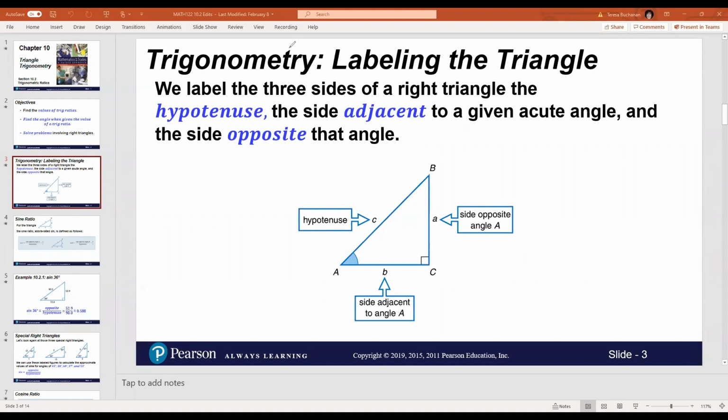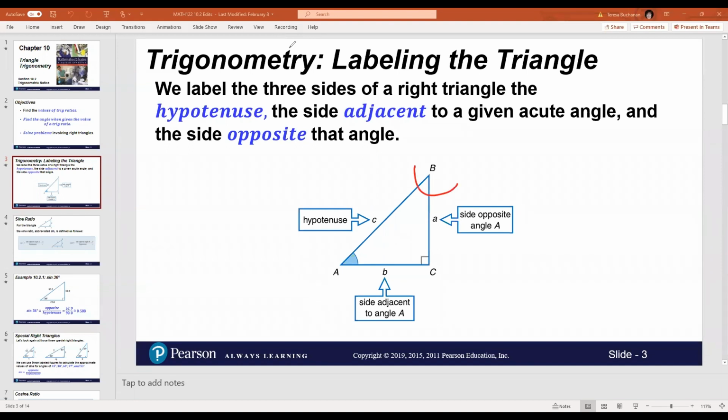So I want to point out here that if I'm thinking about angle A, this side forms one side of the angle itself. That side we call adjacent to angle A, while this is clearly opposite. So we want to be bearing down on these ideas of the side adjacent and the side opposite to a certain angle.